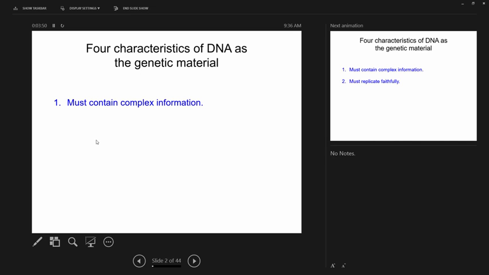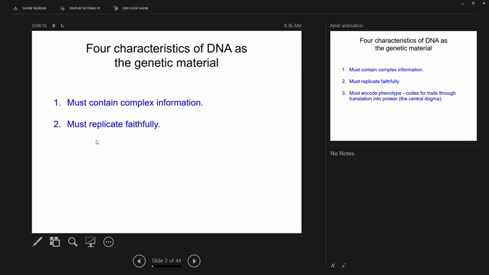So first, pretty obvious, it must contain complex information. So written into the 3.02 billion bases of your DNA are the instructions for going from a single cell, the fertilized egg, which ends up being the zygote, to an entire being.